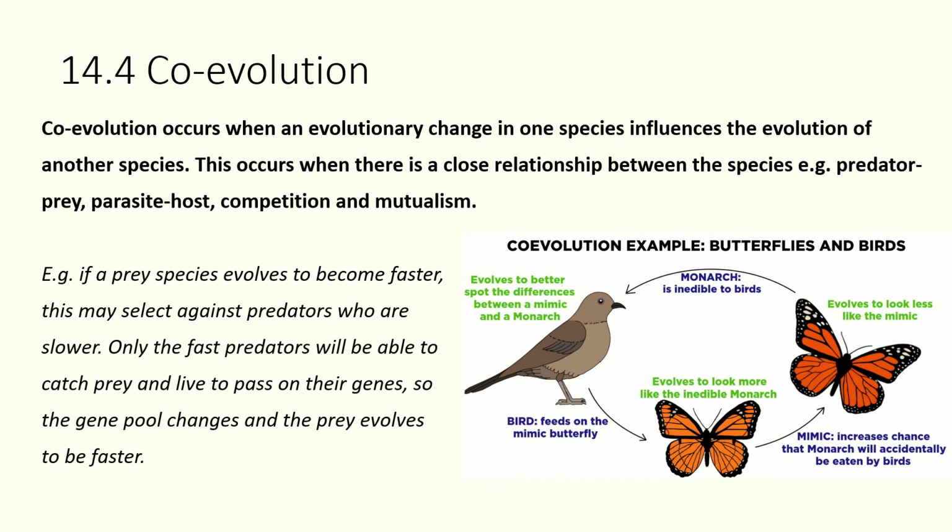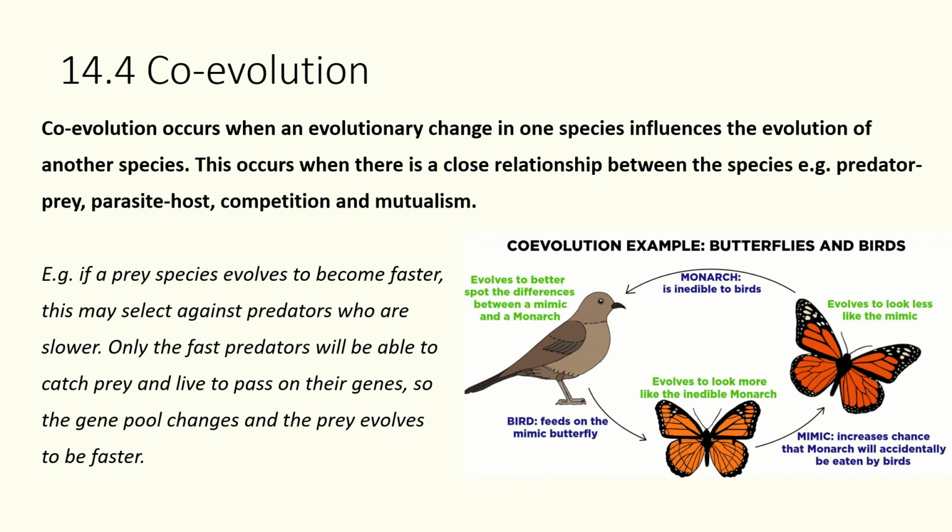You've also got the monarch example here, in that birds feed on the mimic butterflies, which look very, very similar to the monarch butterfly. And so the ones that look closest to the monarch butterflies are going to be surviving there.